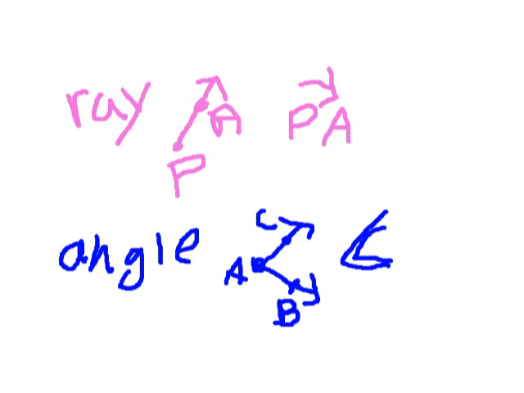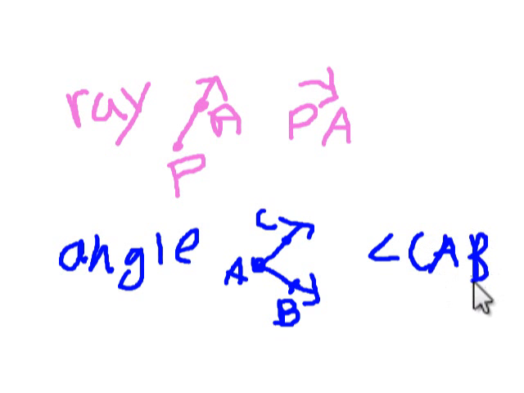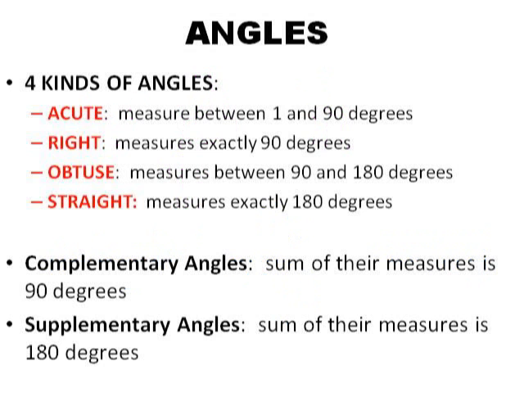Not very pretty. Let's try it again. Okay. So angle. And the important thing is that the vertex A is in the middle. It doesn't really matter what order I put the other ones, so I could call it CAB or BAC, but this particular angle is called angle CAB. It doesn't go alphabetically.